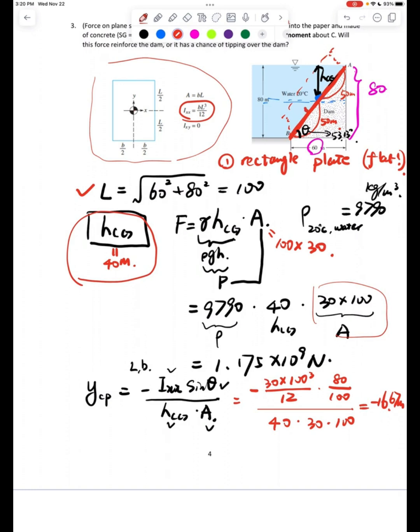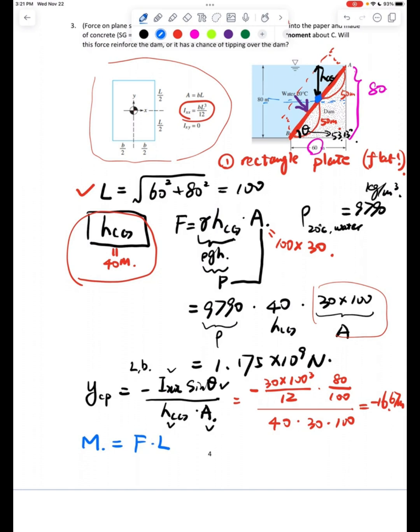Let me use purple to draw. So your F is here. It's downward of your centroid. Your centroid is here, so it's downward of the centroid. And to calculate M, it equals F multiplied by L. And if you want, you can also consider the weight of the dam itself.